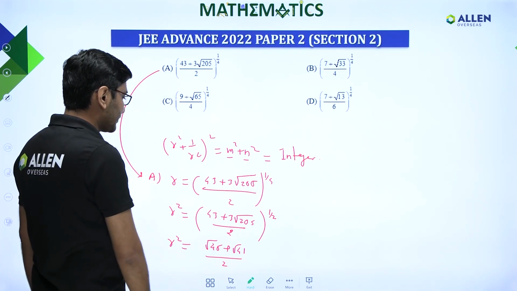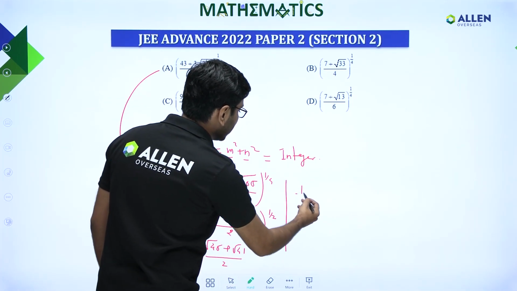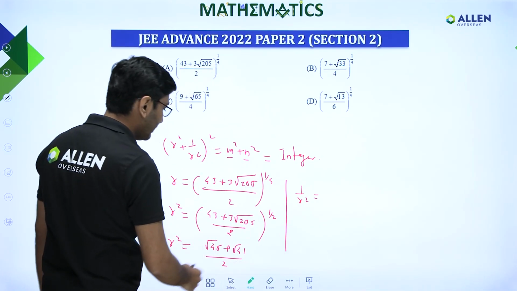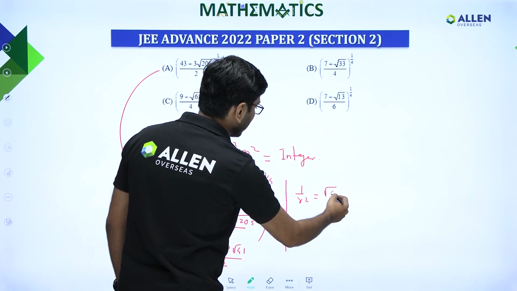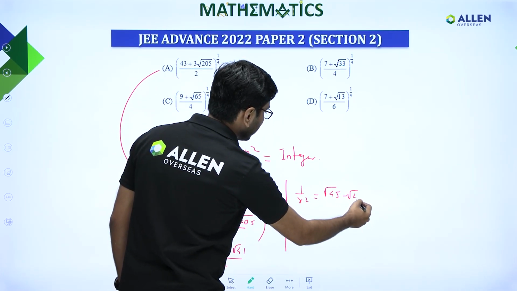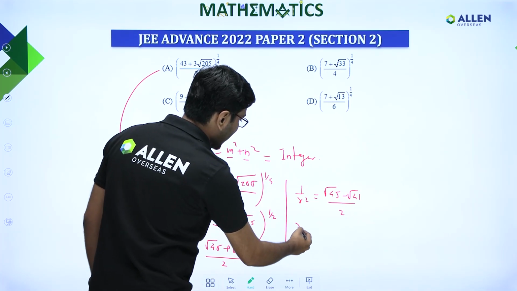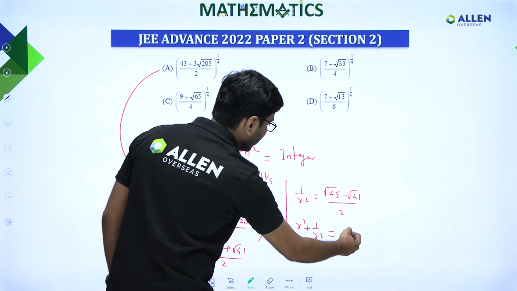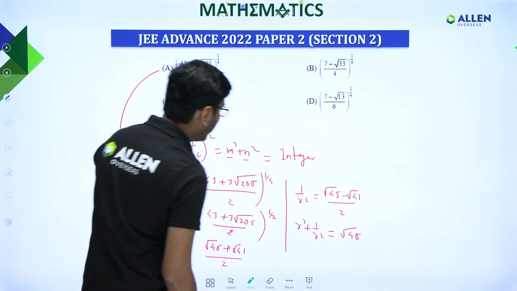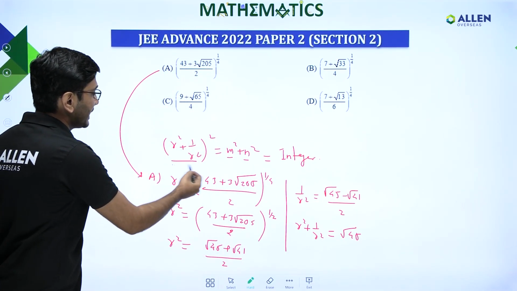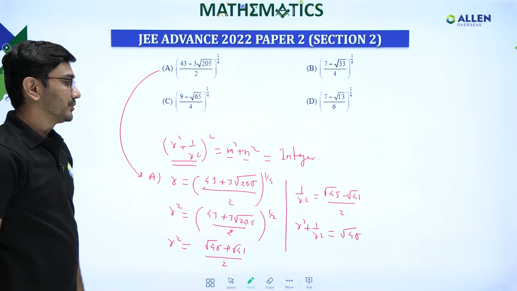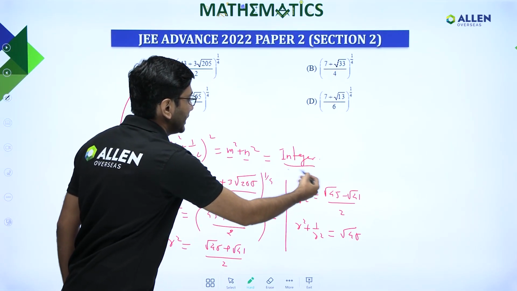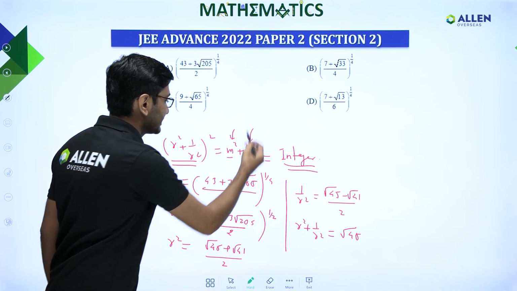So, once we get r square, we can very easily calculate 1 by r square, and that will be root 45 minus root 41 divided by 2. So, if you add r square plus 1 by r square, you will get root of 45. We need r square plus 1 by r square to be an integer and the sum of the squares of two integers.